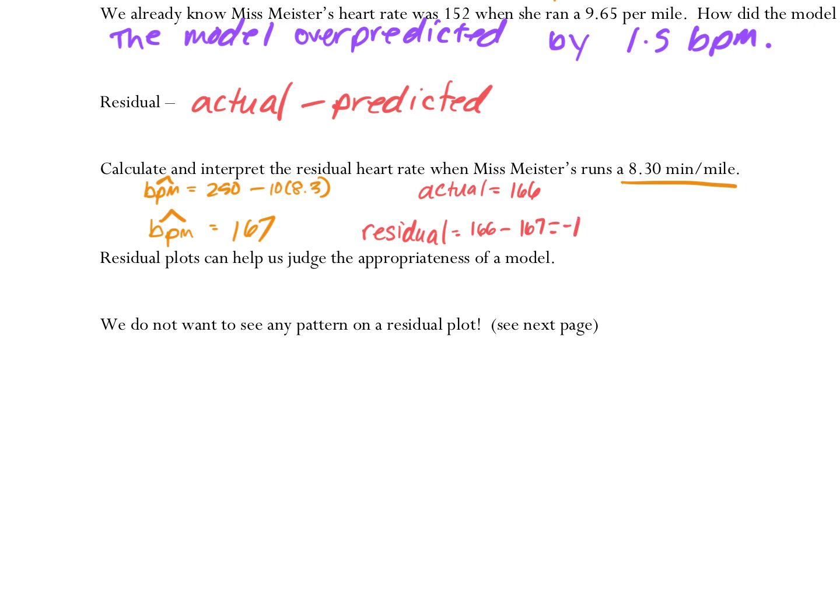Okay, and we would say the model over or under predicted? Over predicted, by 1 beat per minute.